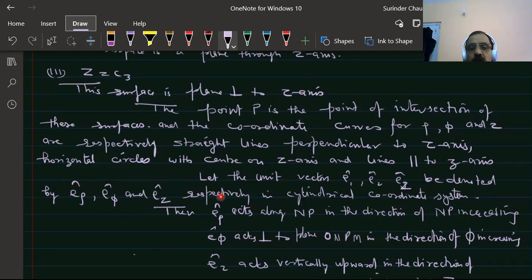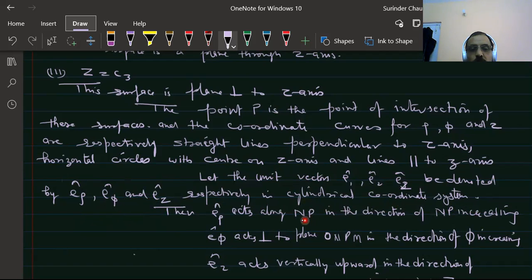These are the unit vectors, e1, e2, e3, the tangential unit vectors.